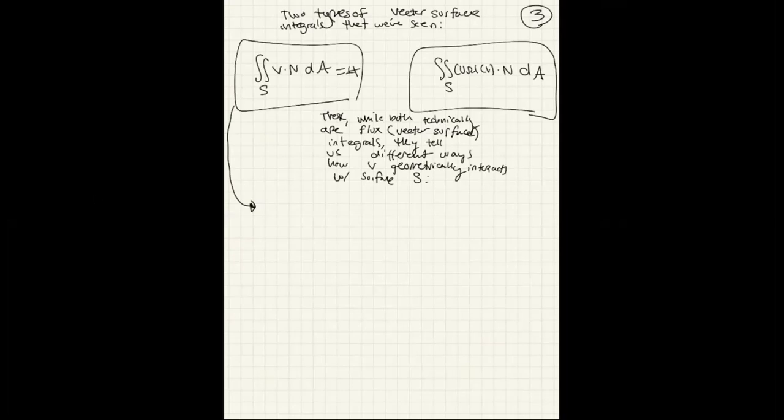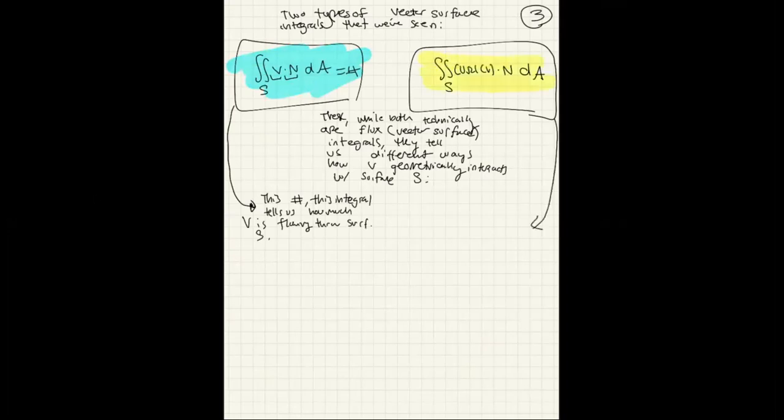That number describes how much the vector field V is flowing through the surface S. So this integral, be that 5, be that negative 22, whatever that number is, tells us how much V is flowing through surface S. Okay, cool. Now on the right-hand side, and I'm sorry this is boring some people, but I remember being confused at this point, so I hope this is helpful.